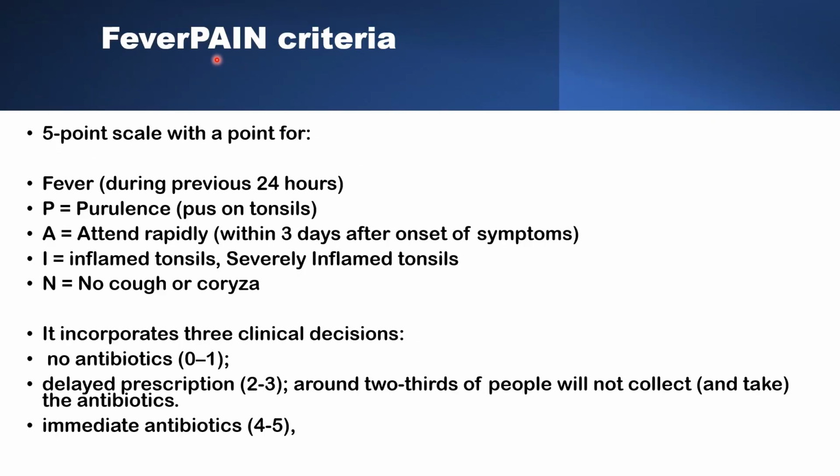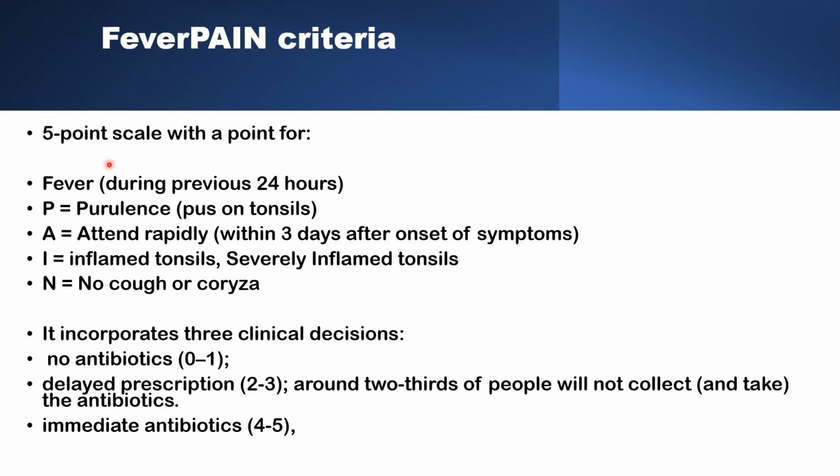The FeverPAIN scoring system incorporates a 5-point scale with 1 point for each of the following. If there is fever during the previous 24 hours before the consultation, then you get 1 point.